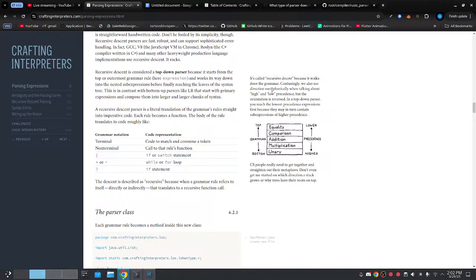It's called top-down because it's based on the grammar. Confusingly, we also use direction metaphorically when talking about high and low precedence, but the orientation is reversed. In a top-down parser, you reach the lowest precedence expressions first because they may in turn contain subexpressions of higher precedence.